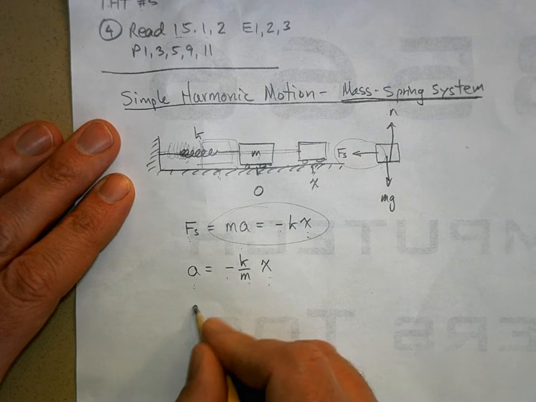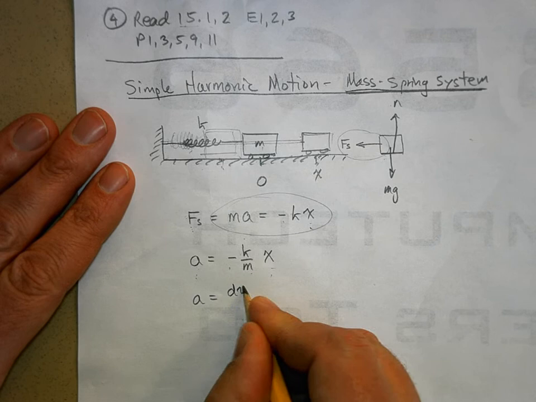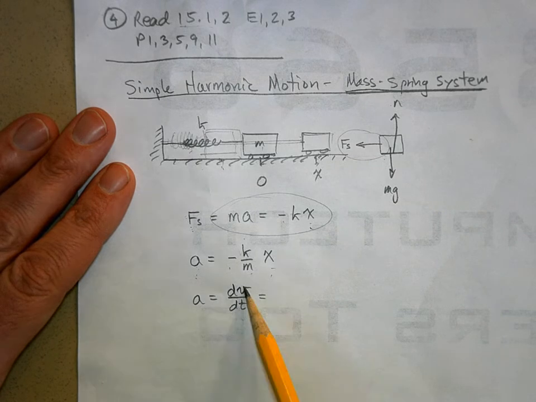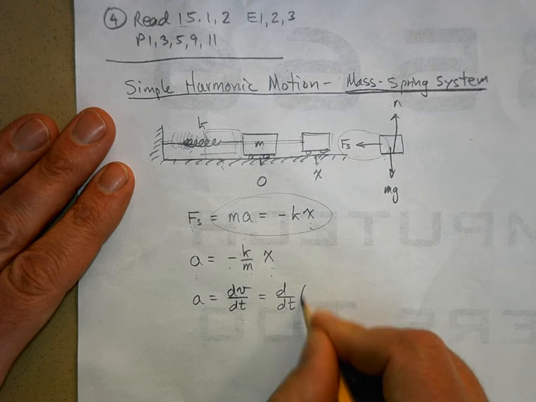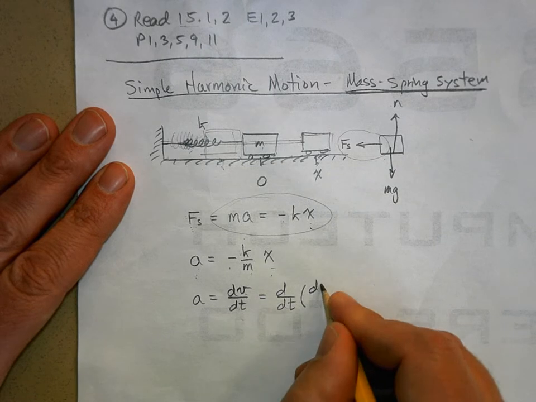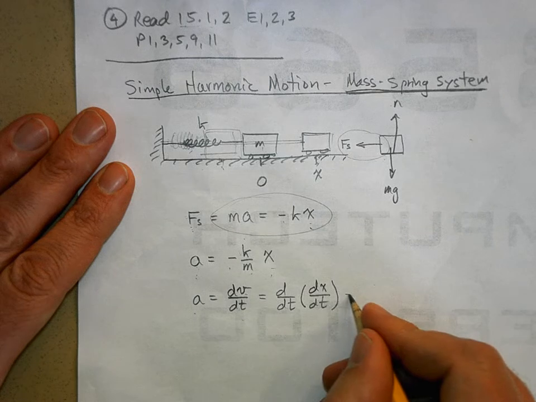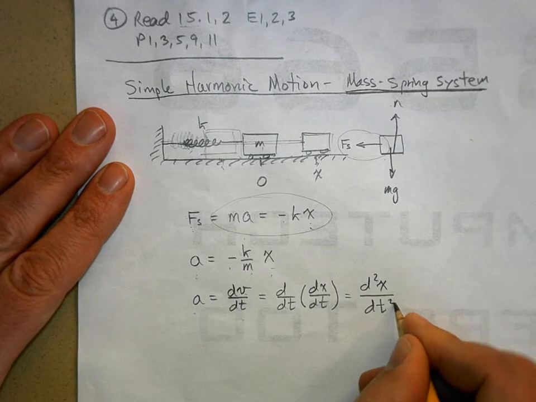Well, acceleration is dv/dt, correct? And what is velocity? Velocity is dx/dt. So we can say acceleration is the second time derivative of position.